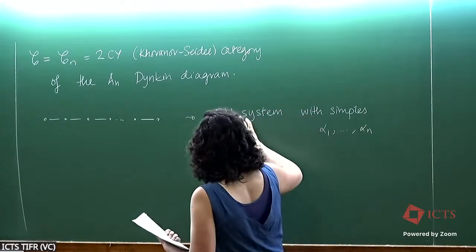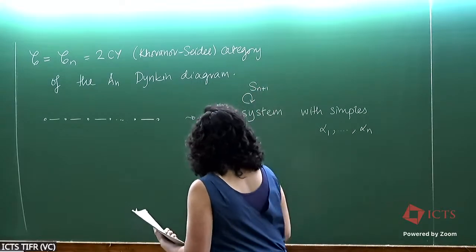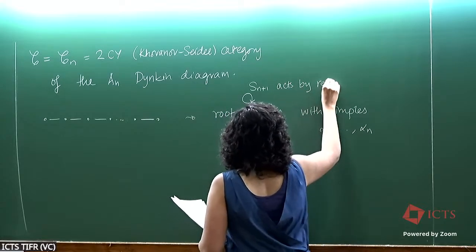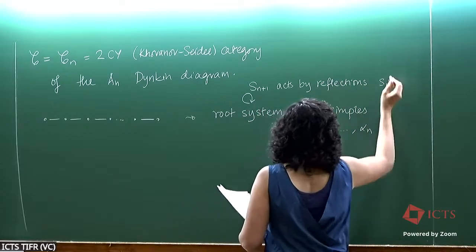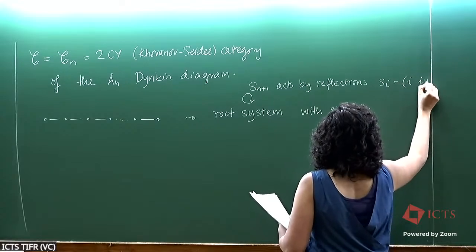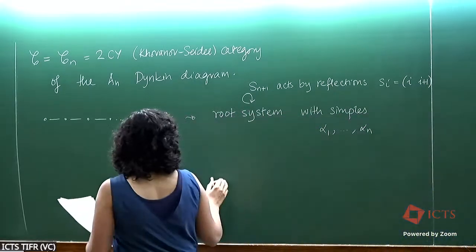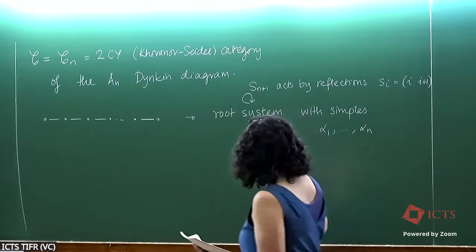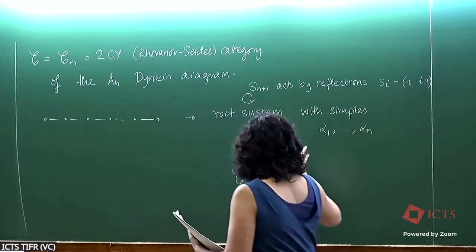On this root system, or the root lattice, there's an action of the symmetric group, which acts by reflections s_i, which is typically the transposition (i, i+1). The category that we're interested in is going to be a categorification of this standard representation of the symmetric group. It's a category which I won't define for time reasons, but I will tell you its main properties.